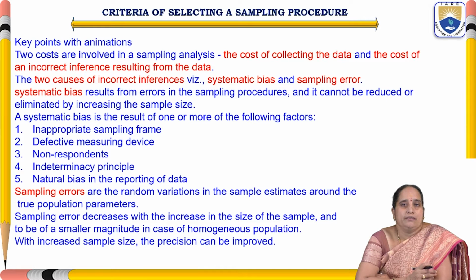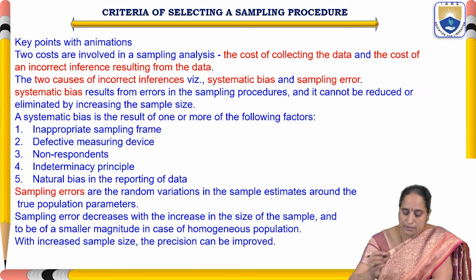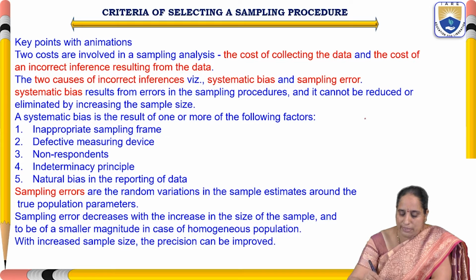See, basically, there are two types of cost involved in sampling analysis. One is the cost of collecting data, another one is the cost of incorrect inference resulting from the data. The first one, the cost of data collection, always involves a lot of expenditure.